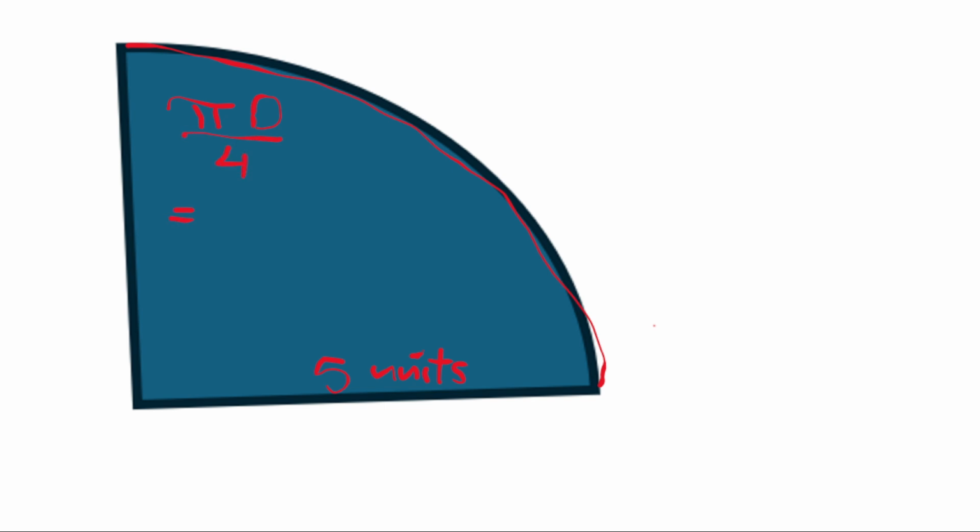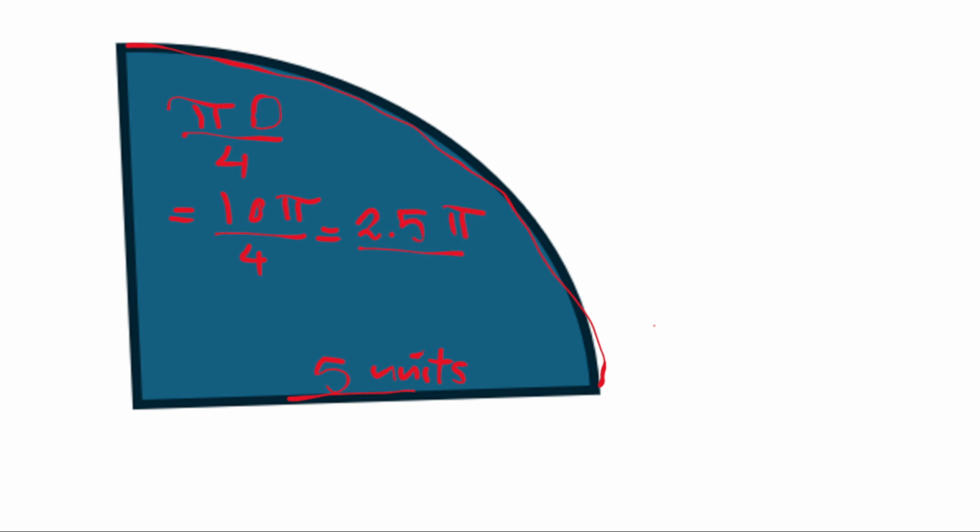The diameter is 10 because the radius is 5. So it's 10 pi divided by 4. So it's 2.5 pi.